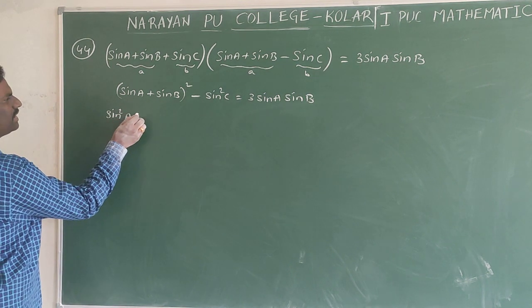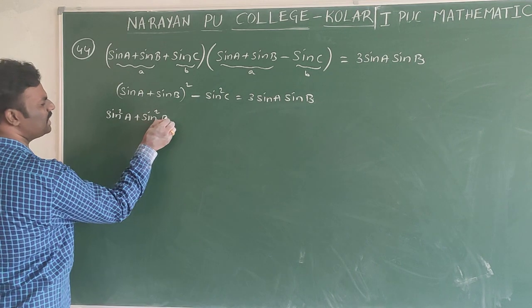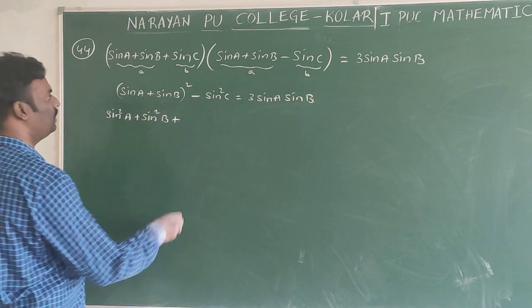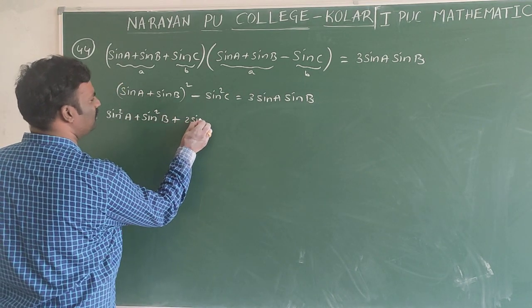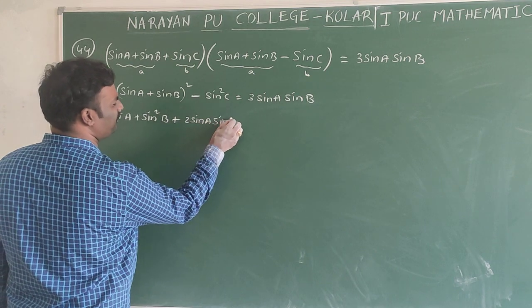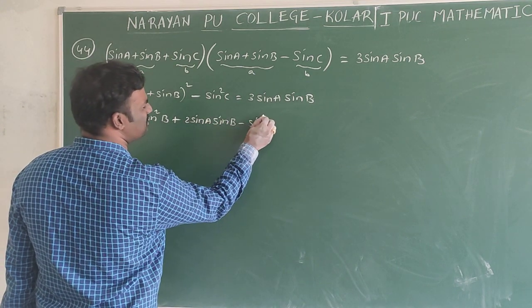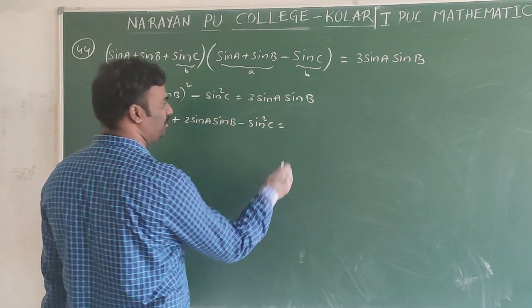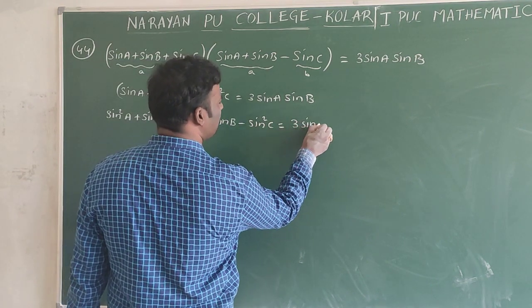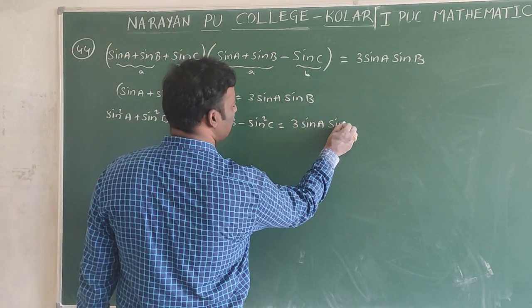Sin square A plus sin square B plus 2 sin A sin B minus sin square C is equal to 3 sin A sin B.